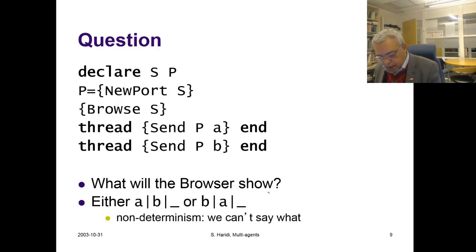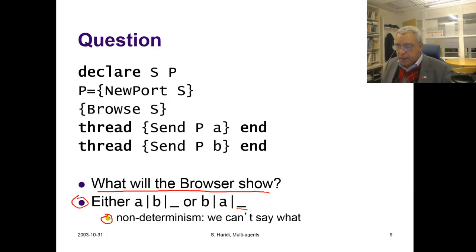So the browser will show either A followed by B followed by the rest of the stream, or B followed by A followed by the rest of the stream. So for the first time now, we see we have non-determinism in the system, depending on the scheduling times of the different threads.